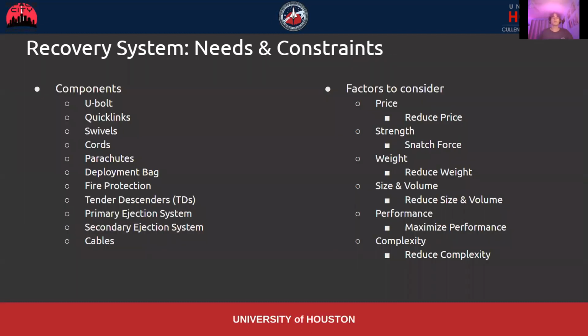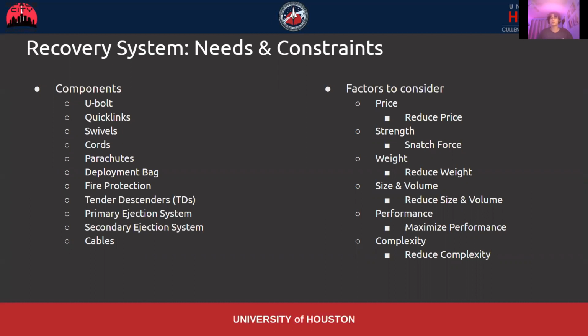Okay, so the components, we have U-bolts, quick links, swivels, cords, parachutes, deployment bag, fire protection, tender descenders, your primary ejection system, your secondary ejection system, and cables. Some of the main factors to consider, these are not all of them.